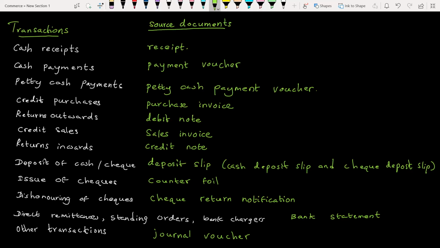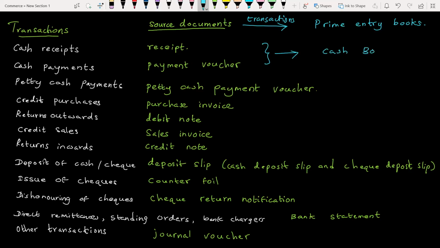I hope you got a clear idea of what source documents are and the examples for source documents depending on different transactions. So remember, by using the information of transactions in source documents, we record transactions in their relevant prime entry books. For example, by using the information on receipts and payment vouchers, we record these cash receipts and cash payments in the cash book.